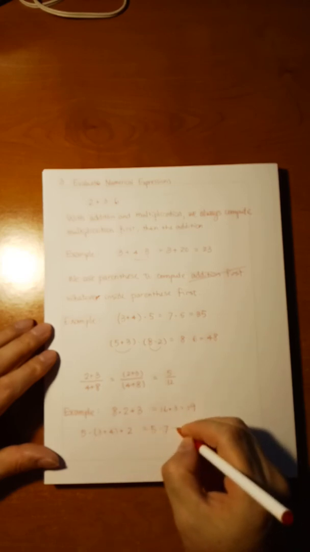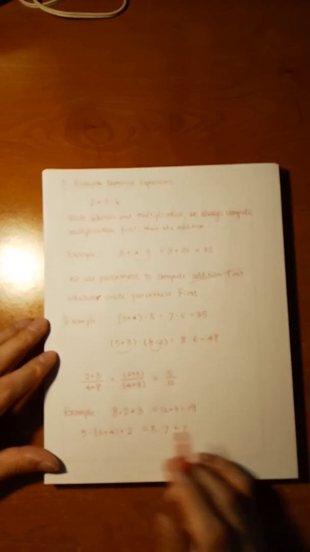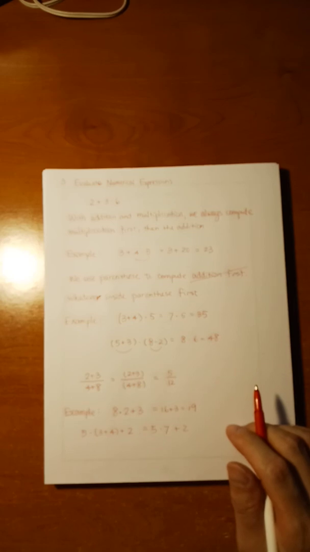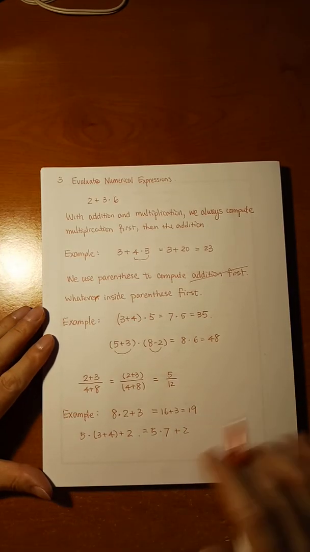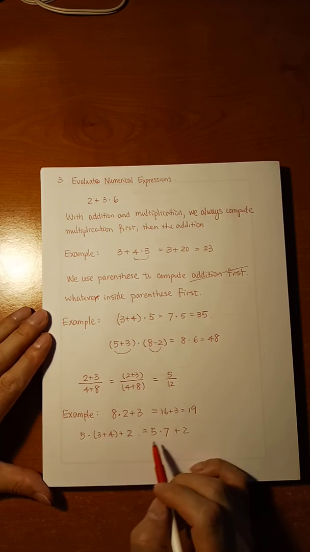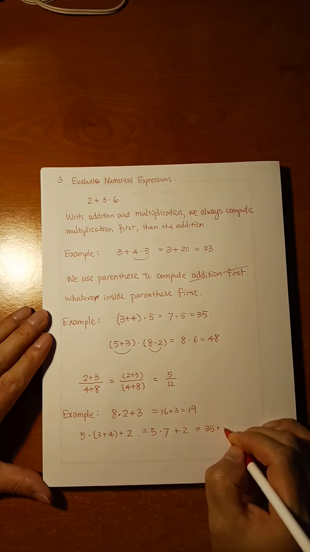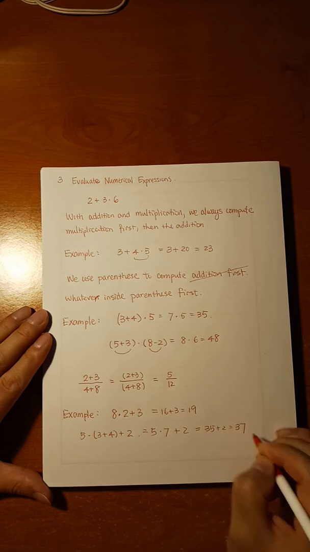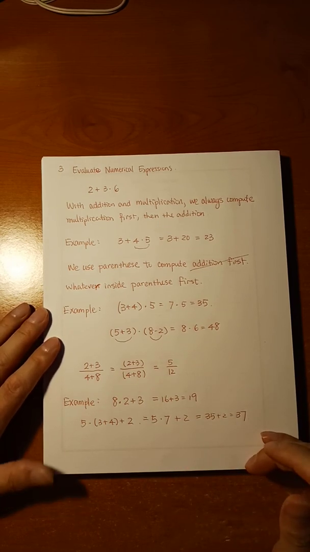So it's 5 times 7. You do not change anything else. You first compute the internal part of the parentheses. And then 5 times 7 is 35. 35 plus 2 is 37. Everything should be in this order.